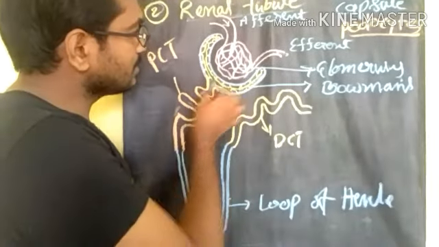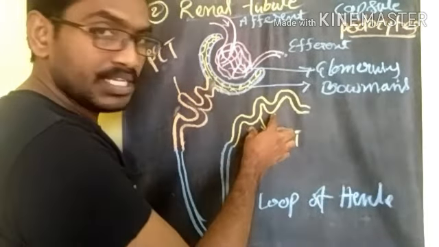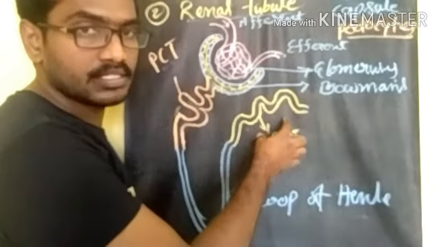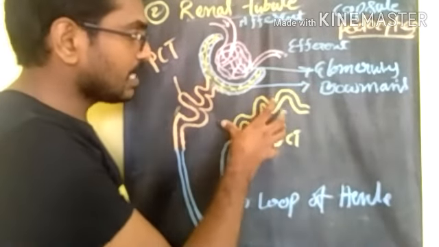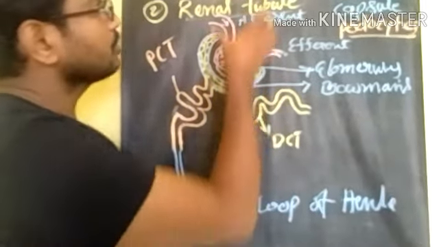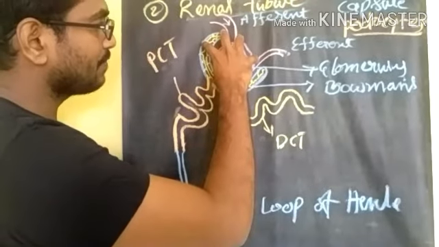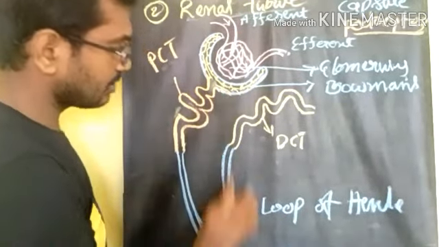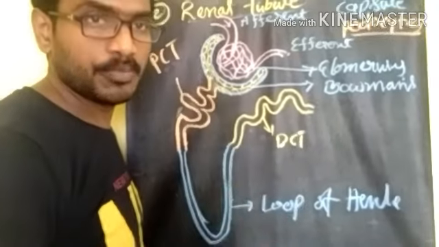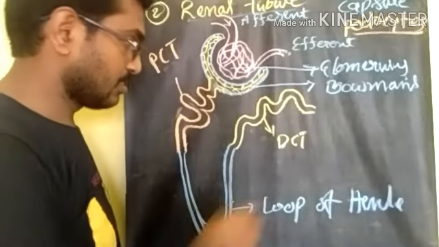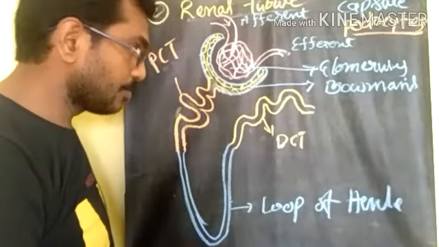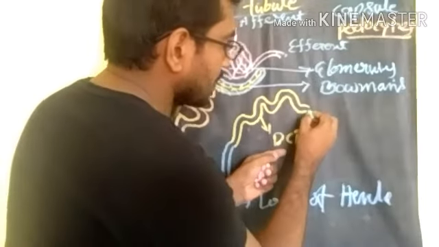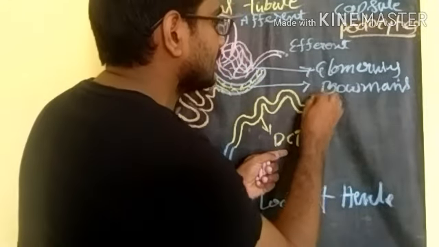Proximal means very near to the glomerulus, and distal means away from the glomerulus. So this is the basic structure of a nephron: this is the Malpighian body and this is the renal tubule. The distal convoluted tubule finally opens into the collecting duct.